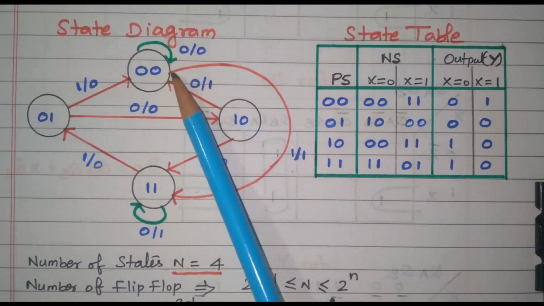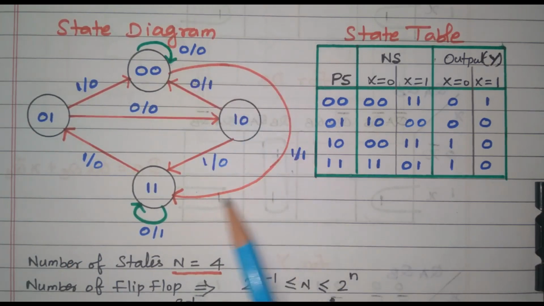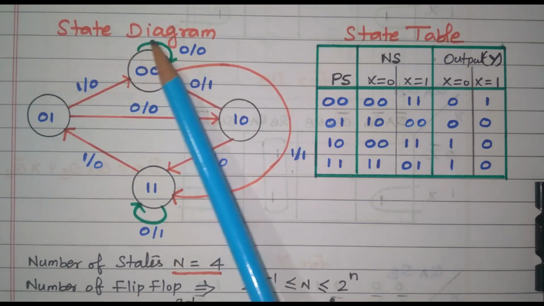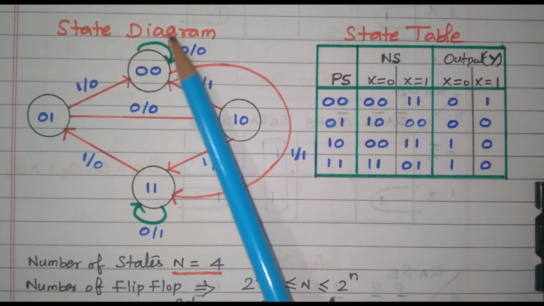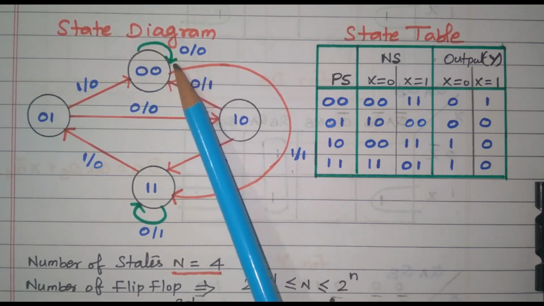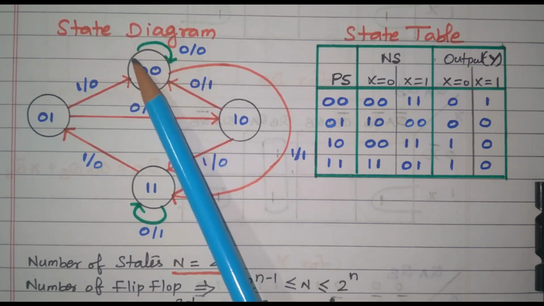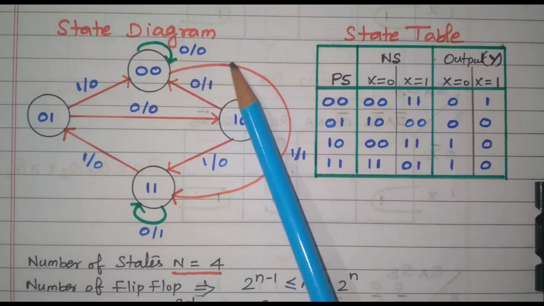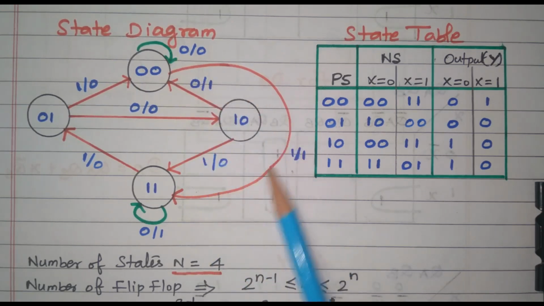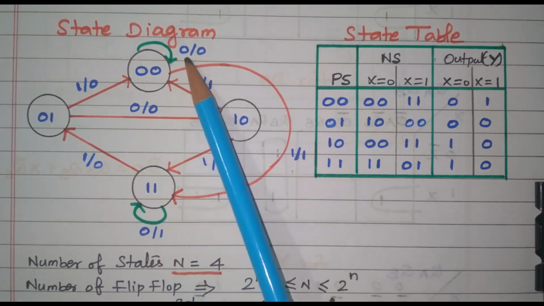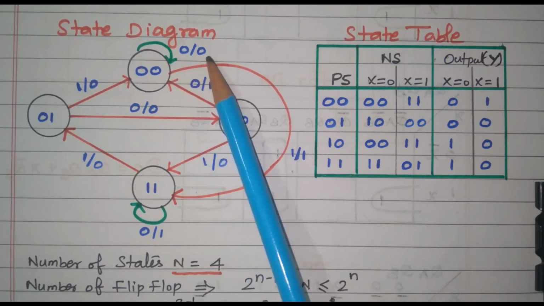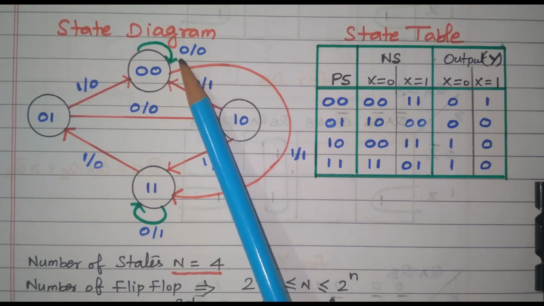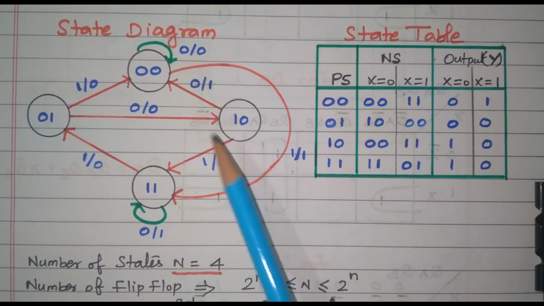These lines show how it goes from one state to another state. This green color line, the state goes to the same state, 00 goes to the same 00. This red color line indicates going from one state to another state. These two binary numbers are input slash output. The first one is input, the second one is the output.